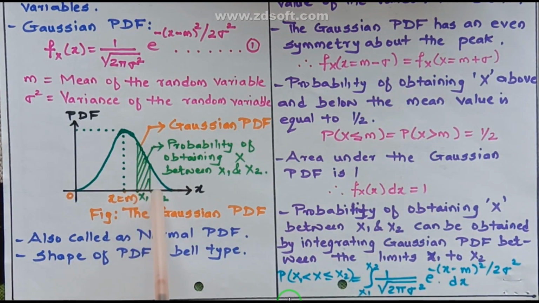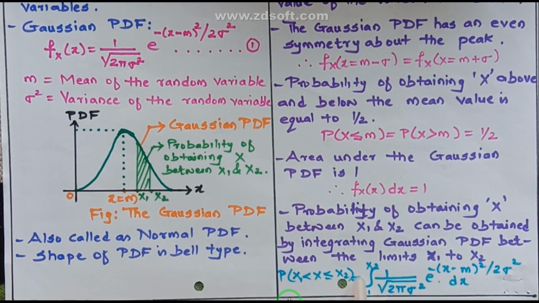Therefore we can write the probability that x is greater than x1 and less than or equal to x2 is equal to the integration from x1 to x2 of f_X(x), which is 1 upon square root of 2 pi sigma square, e raised to minus (x minus m) whole square divided by 2 sigma square, with respect to dx.